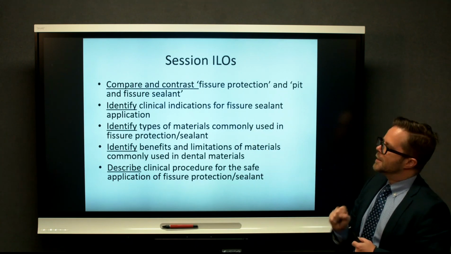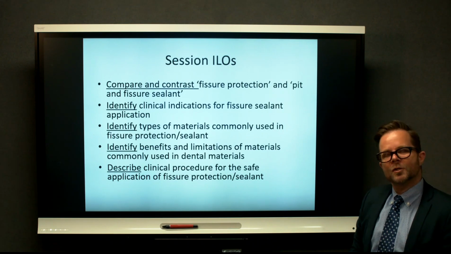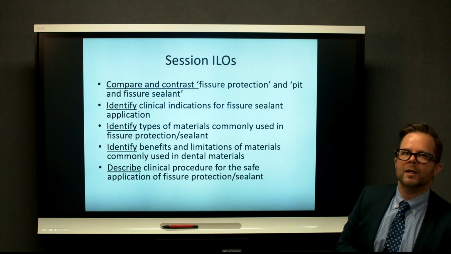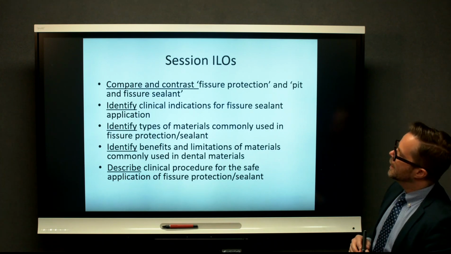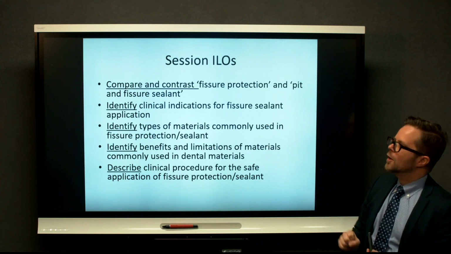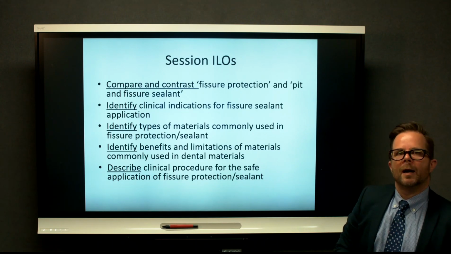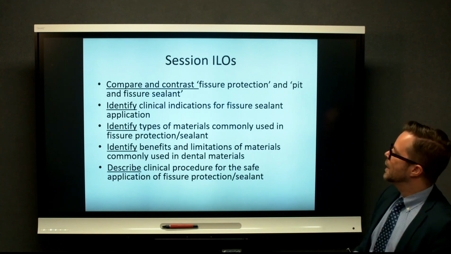The third one is to identify the types of materials, and you can see this feeds back directly to one of the subject level intended learning outcomes. So be able to identify the types of materials that are commonly used for fissure protection.